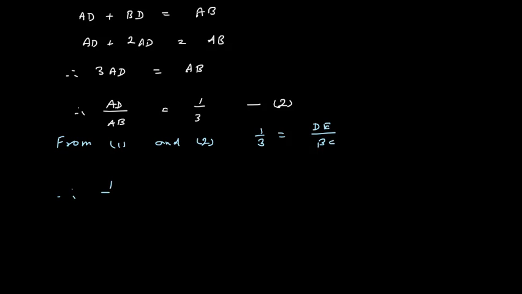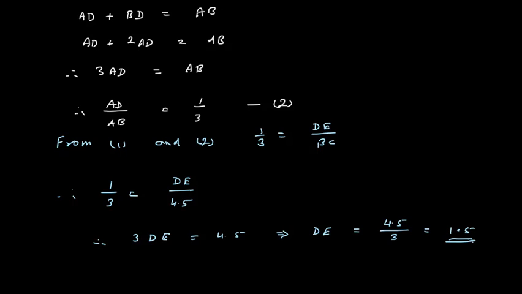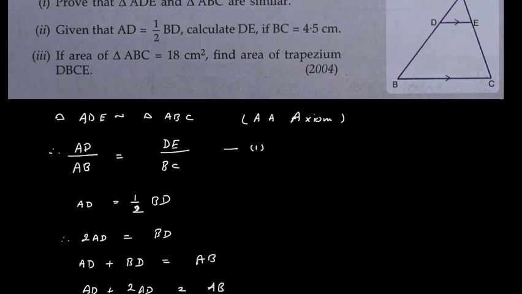So 1 divided by 3 is equal to DE divided by 4.5. We will cross multiply and say that 3 times DE is equal to 4.5. So DE is equal to 4.5 divided by 3, which is 1.5. So the value of DE is 1.5.